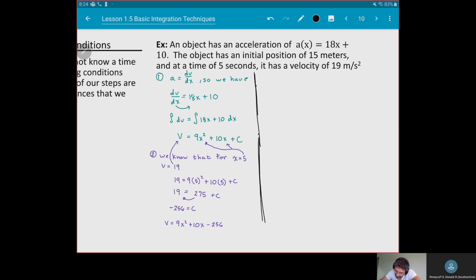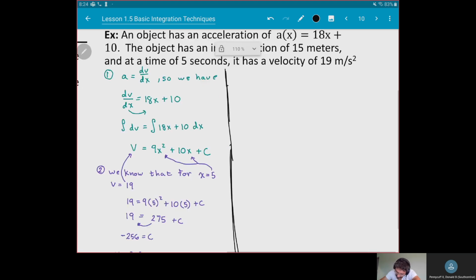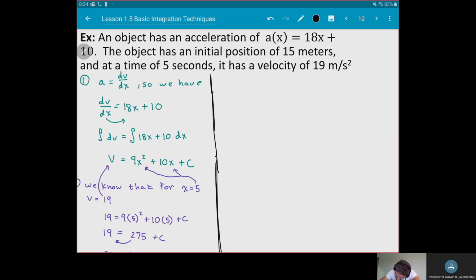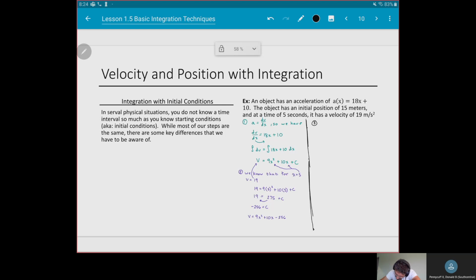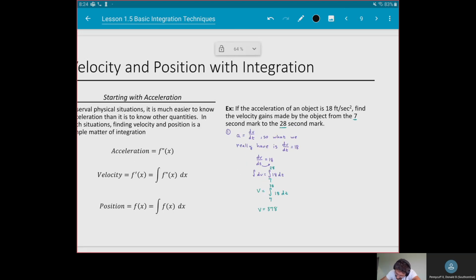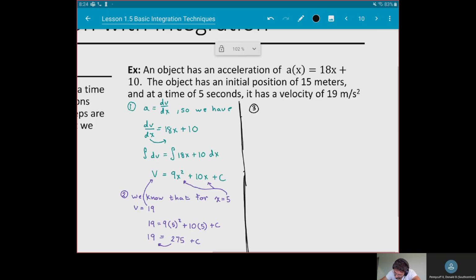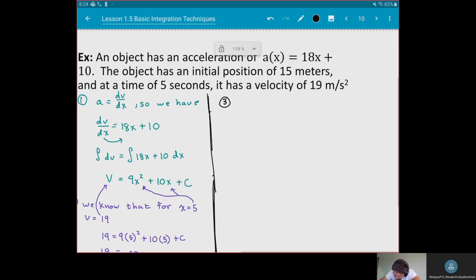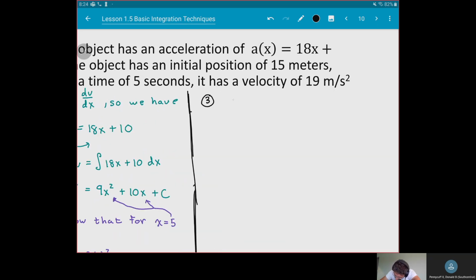And so that's going to be another differential equation. So position, which is usually the letter r, so let's go r. Well, v is equal to dr over dx.